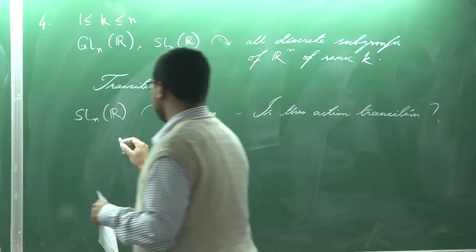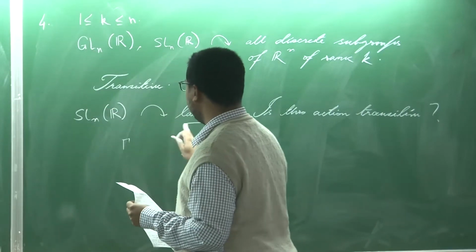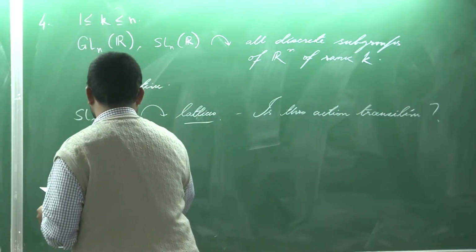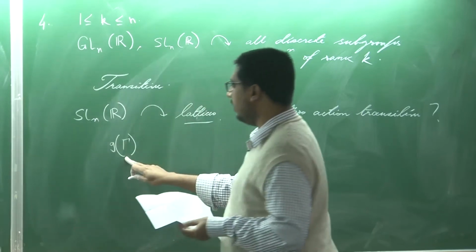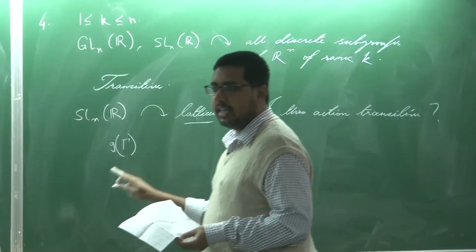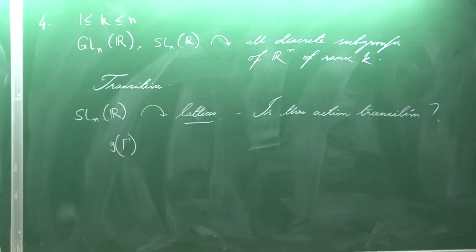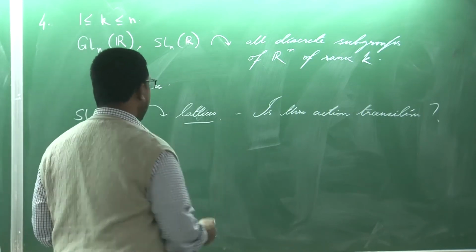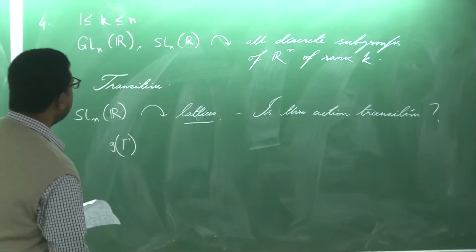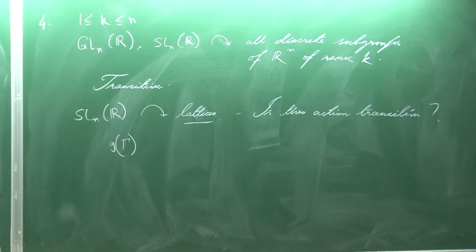Actually no, because if gamma is a lattice and g is in SLnR, then it is easy to see that the covolume of g gamma and gamma are the same. Therefore two lattices with different covolume cannot be in the same orbit. However, if they have the same covolume, then of course they will be in the same orbit.